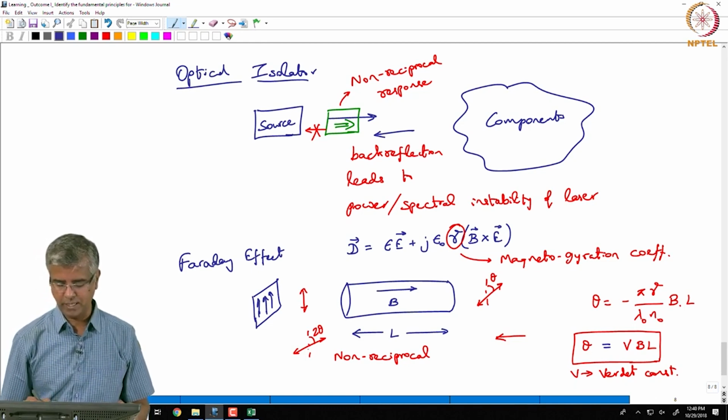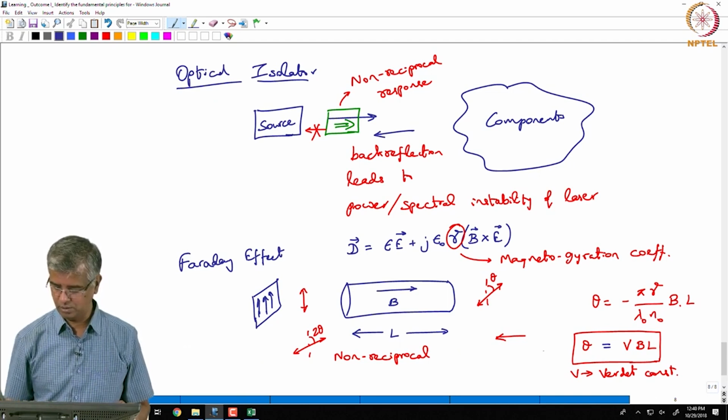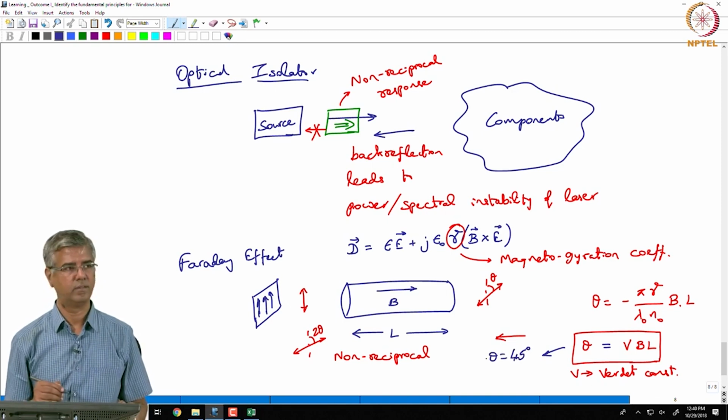But that polarizer, if this theta is 45 degrees, right.